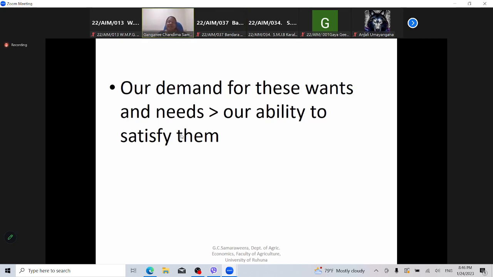Nearly 20 million people. 22 million people need food, need water. Okay. So we have 22 million mouths. Just imagine. In your family, maybe 3 or 4 members. But as a country, we have 22 million people.